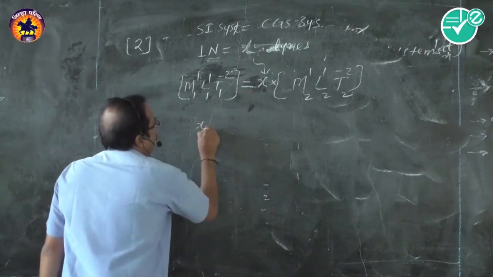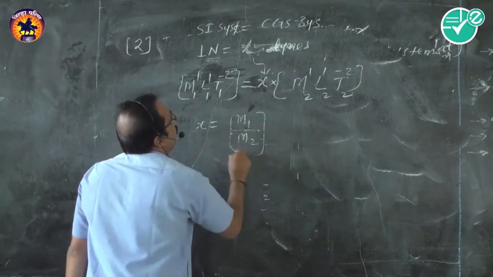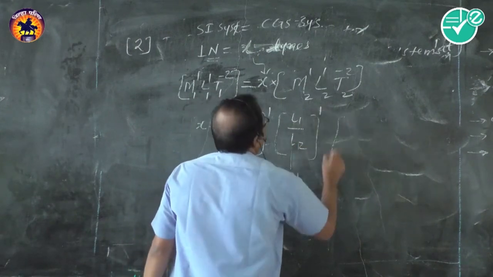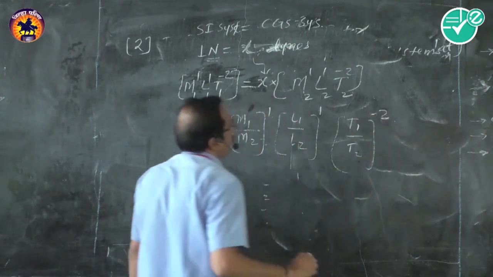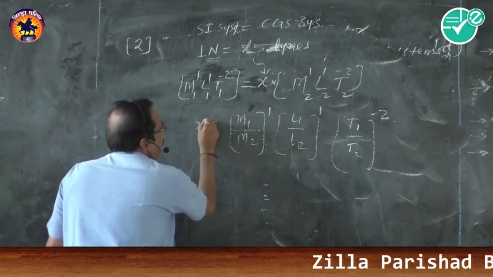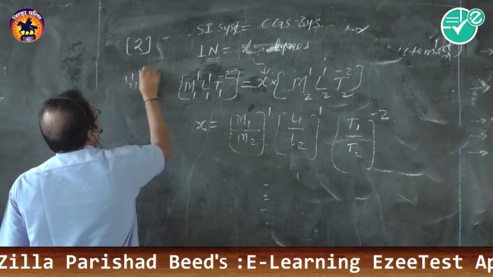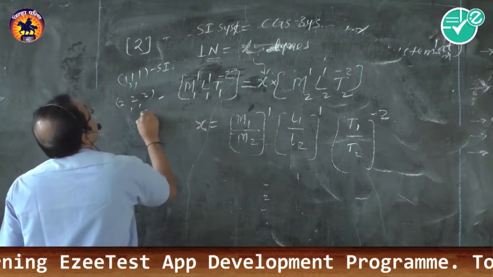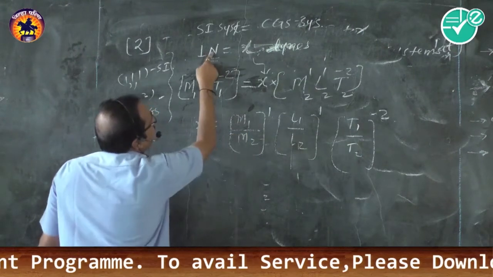So X is equal to, let us simplify it, M1 upon M2 raised to 1, L1 upon L2 raised to 1 again, and T1 upon T2 raised to minus 2. This is very simple. Suffix 1 stands for the SI unit, and suffix 2 stands for the CGS system.